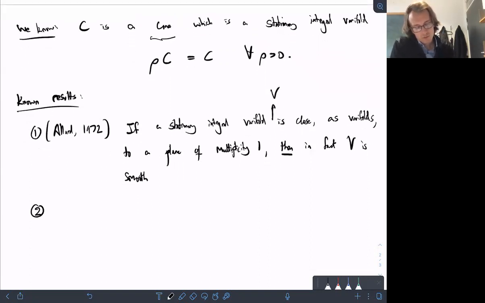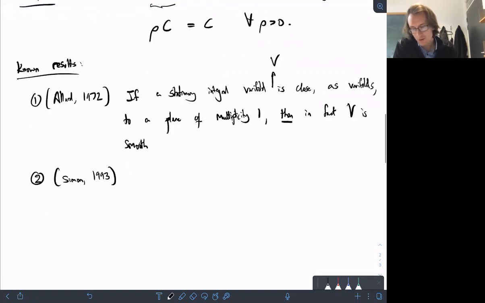The other result is from Leon Simon in 1993, his cylindrical tangent cones paper. In the same setup, we have a stationary integral varifold that is close as varifolds. Now it's close to a triple junction, again multiplicity 1, which I'm going to make implicit.